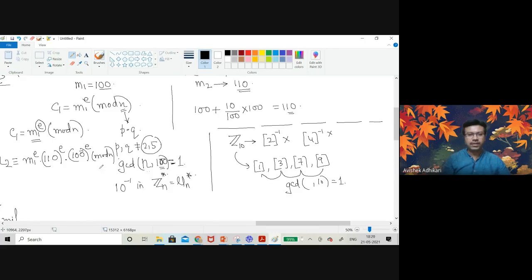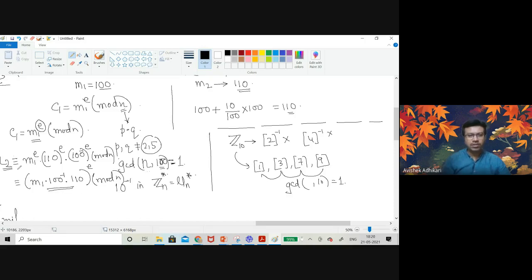Since this is encryption of everything, M1 into 100 inverse into 110, to the power E modulo n, that is your C2.